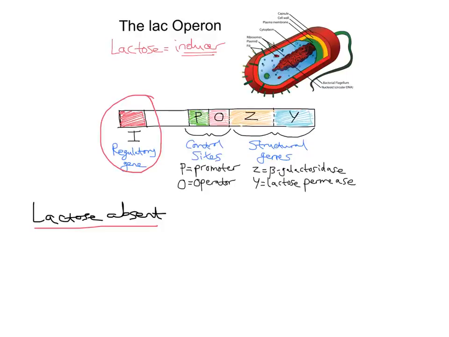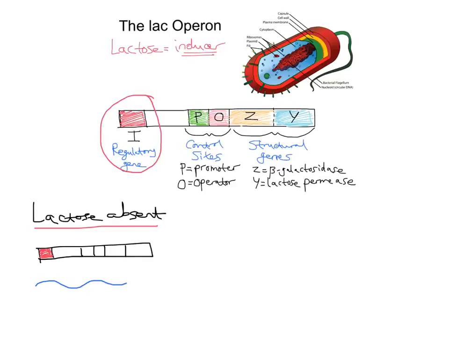So essentially what we have, if we were to draw very, very quickly, I'm not going to label it all, I'll just highlight the regulatory gene region there. So a quick sketch of the operon. What we essentially have is a piece of messenger RNA forming, because if we're going to express that region labelled I, we're ultimately going to get messenger RNA of that gene being produced.